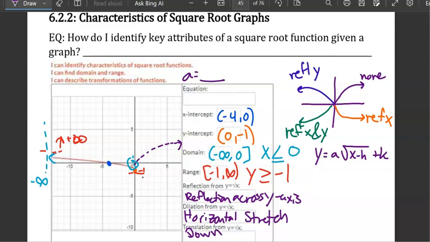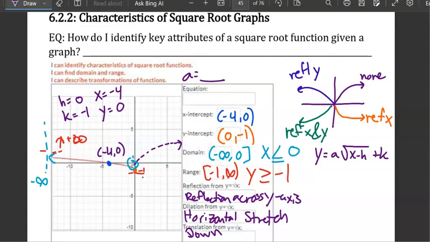And then we want to choose one other point. Let's do the x-intercept, -4, 0. So h equals 0, k equals -1, x is going to equal -4, and then y is equal to 0.